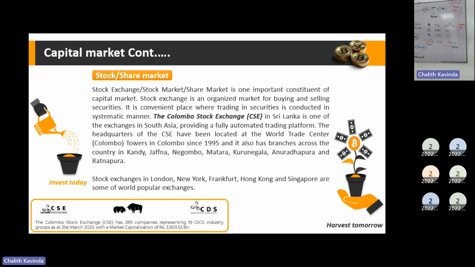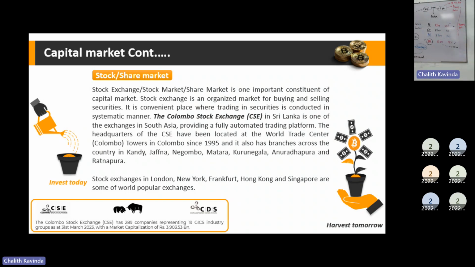So here you could see nearly we have 289 companies representing 19 Global Industry Classification Standard sectors as at 31st March 2023. We have 289, sometimes 294, 297 companies in the stock market in Sri Lanka.